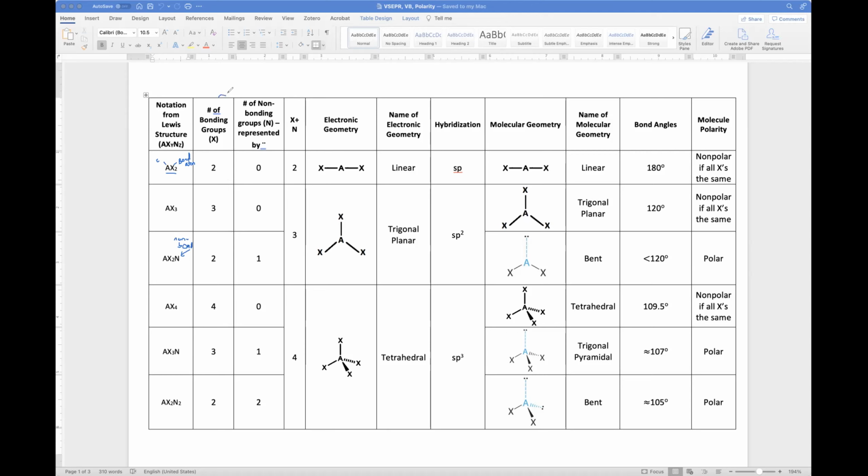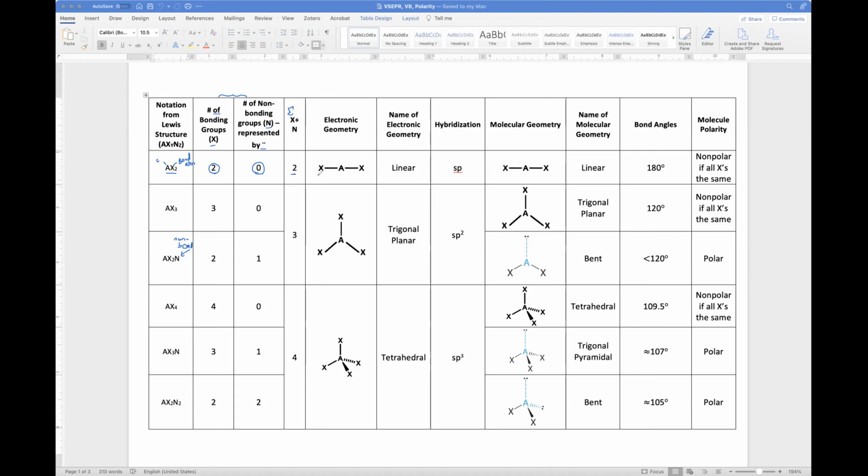Now, basically these next two columns are saying, okay, how many X's and how many N's? So in this first one, there are two groups bonded to the central atom, and there are no lone pairs on the central atom. If we sum up X and N, the number is 2.